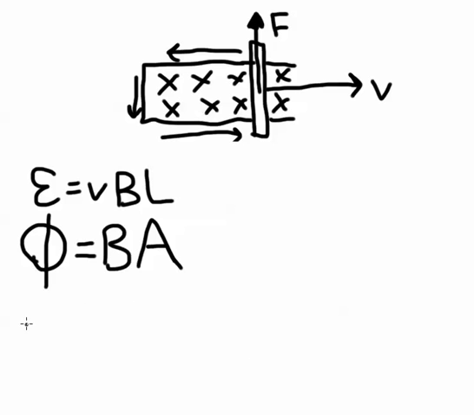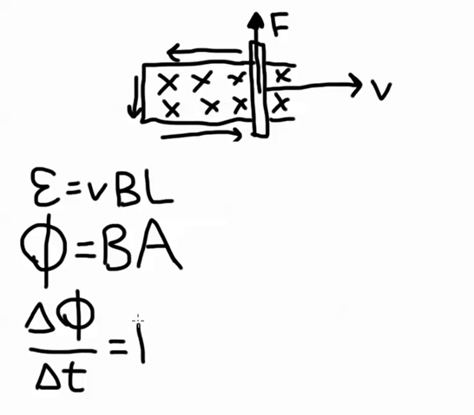Faraday's law is going to talk about the rate of change of the flux. How quickly is the flux through the loop changing? Well, the magnetic field is not changing, so that's B, but the area is changing. So how fast is the area changing?